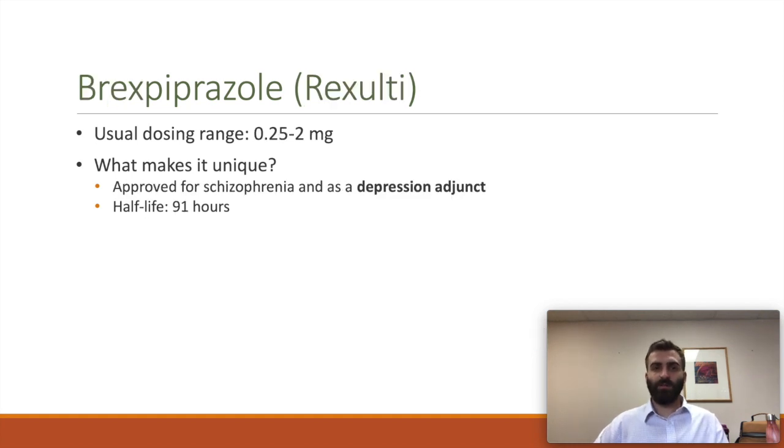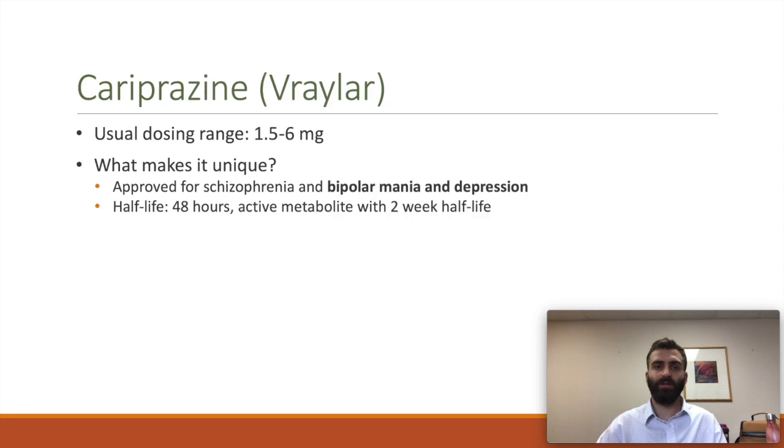Next is brexpiprazole or Rexulti. So think of this as like a less studied aripiprazole that's only approved for schizophrenia and depression adjunct. So it's like a less studied, less widely approved version of aripiprazole, and again with a long half-life. And you can think of cariprazine or Vraylar kind of like the same thing, a less studied, narrower FDA-approved version of aripiprazole.